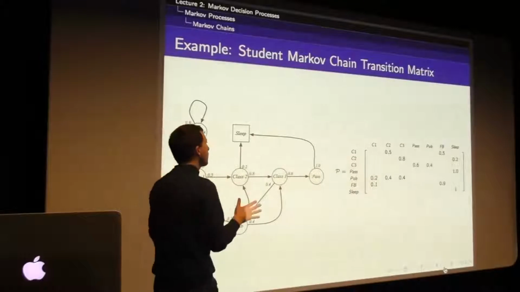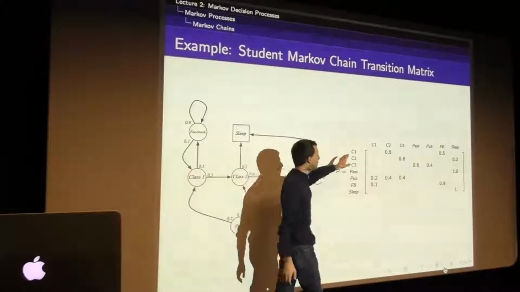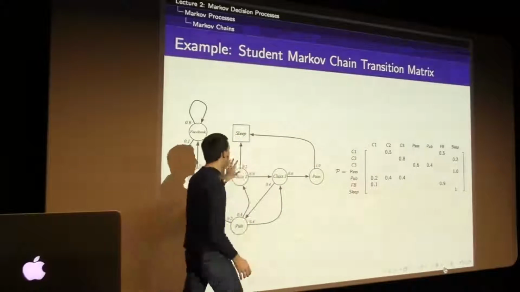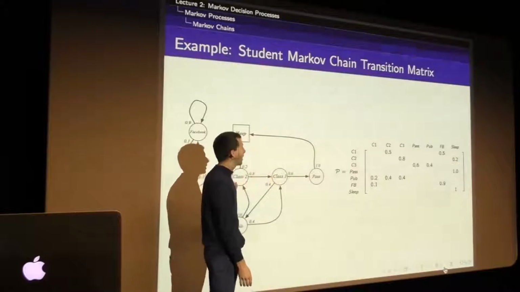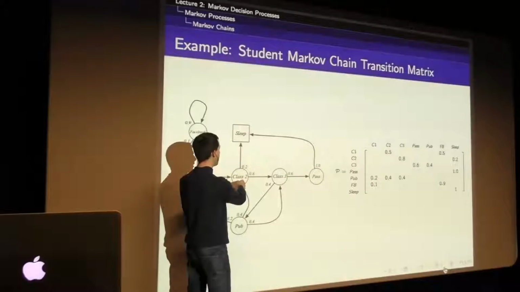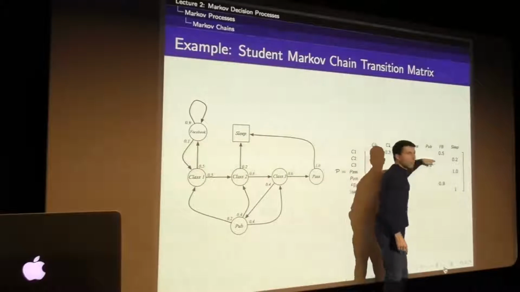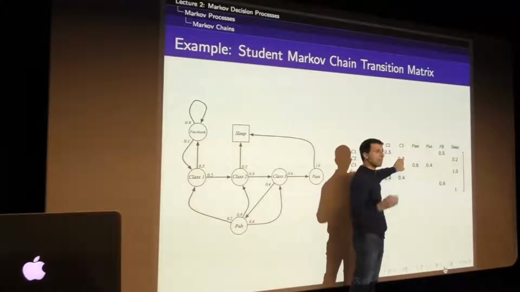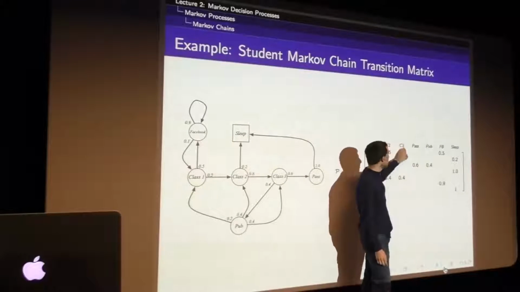Okay. And now we can look at the transition matrix for this problem. The transition matrix is fully described over here. It basically tells us, for any one of these states which we might have been in, what's the probability of transitioning to any other one of these states. For example, if we consider class 2 here and look across this row, there's a 0.8 probability, an 80% chance, of transitioning to class 3.